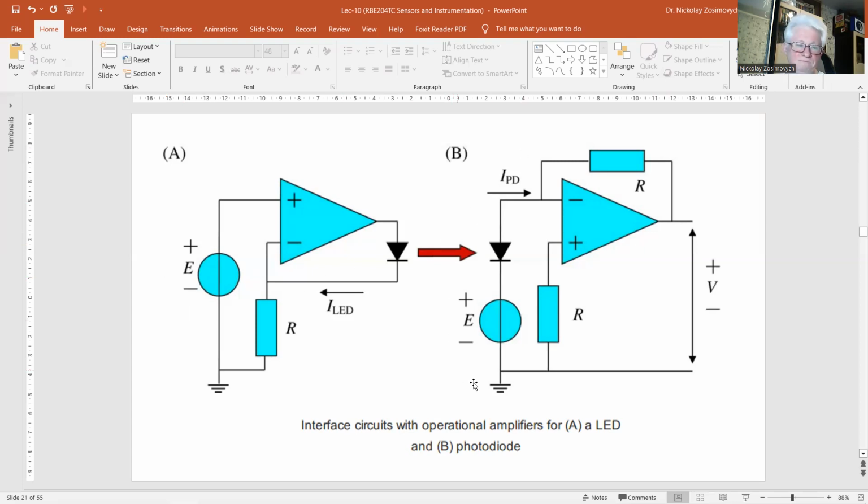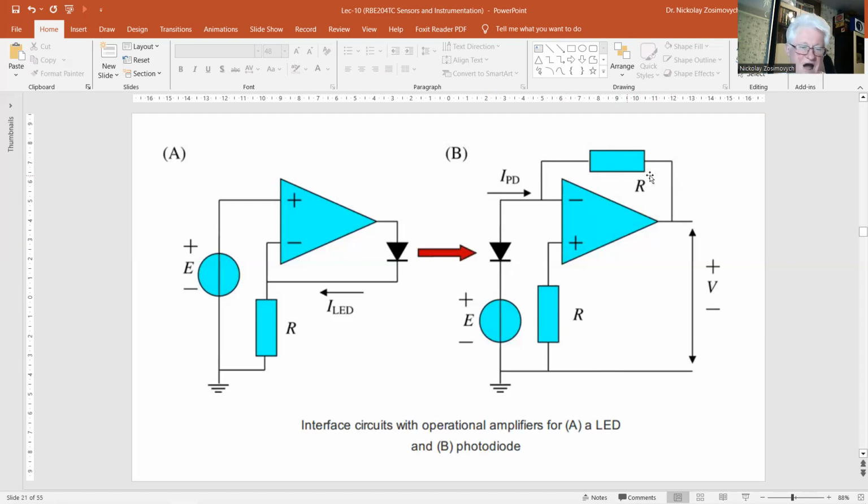In the right figure B, the operational amplifier is configured as a current to voltage converter. The photocurrent generated by the photodiode is forced to flow through feedback resistor R, producing an output voltage minus R times I_PD, as you can see here, and we can measure on this part.